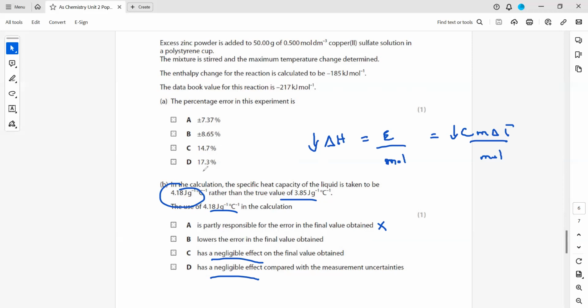And if you see why A is incorrect, because the specific heat capacity will increase the final value. Here, when you check the previous part, the enthalpy change of the reaction is calculated to be this one.